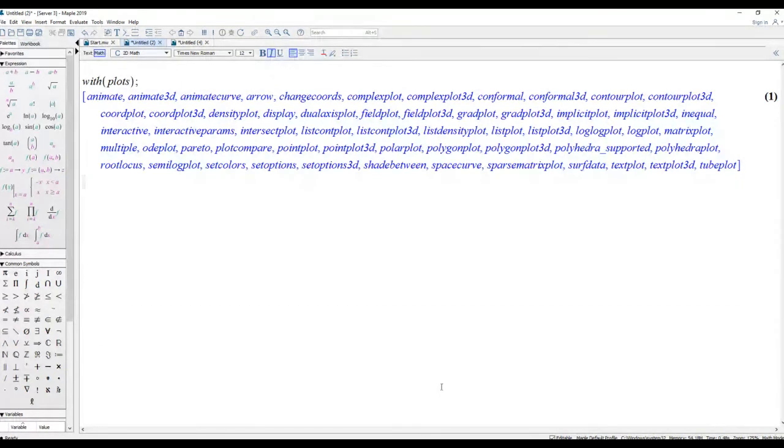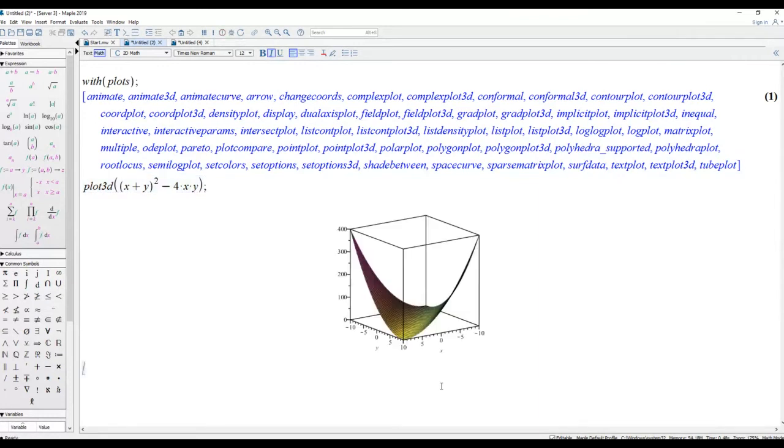So we've got this thing, what is it? (x plus y) all squared minus 4 times x times y. I'm going to plot this function in three-dimensional space.